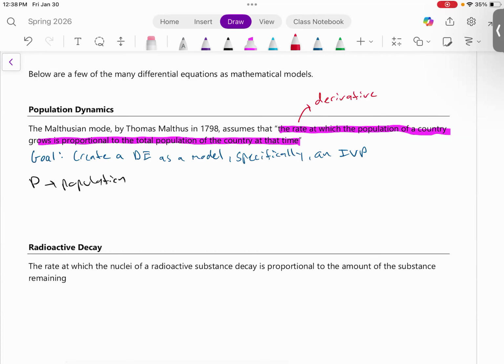So the rate is our derivative of the population of a country. So what we would have here is the derivative of population, dP with respect to time t. That's going to be the rate at which the population changes.